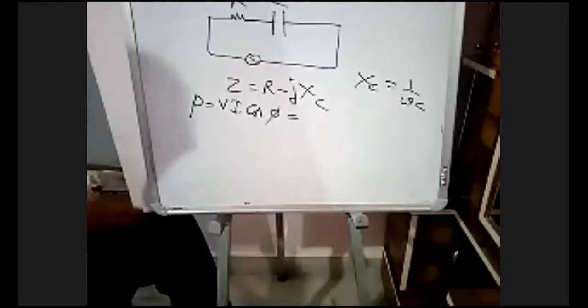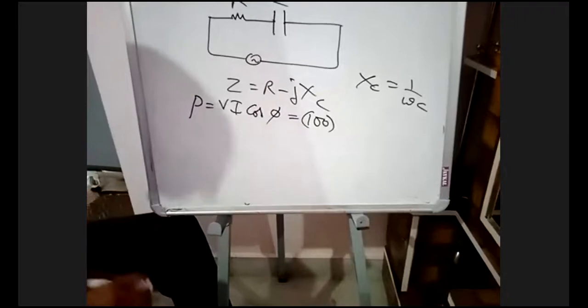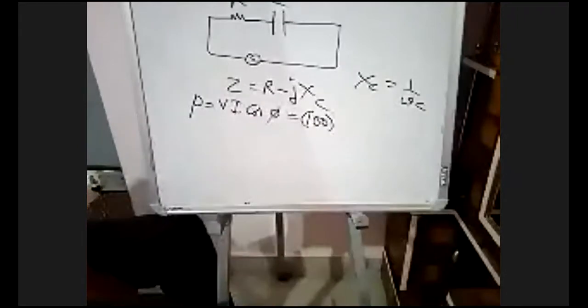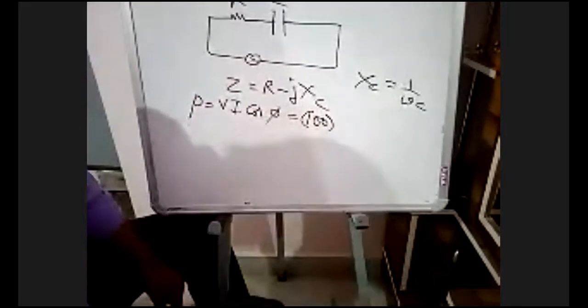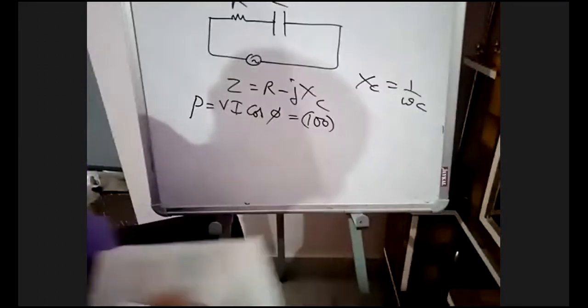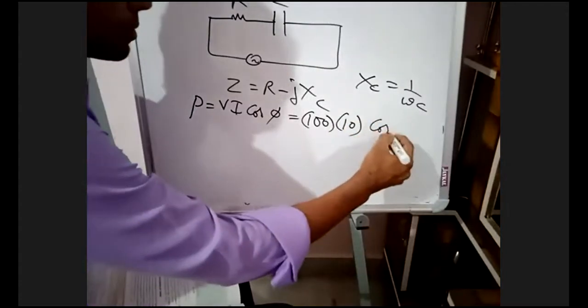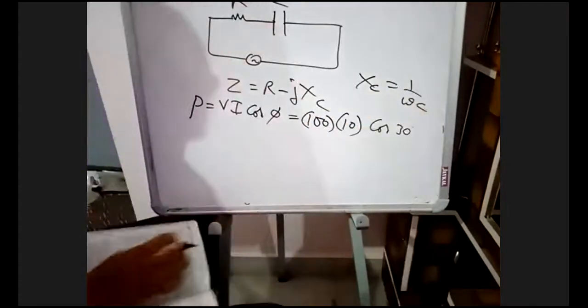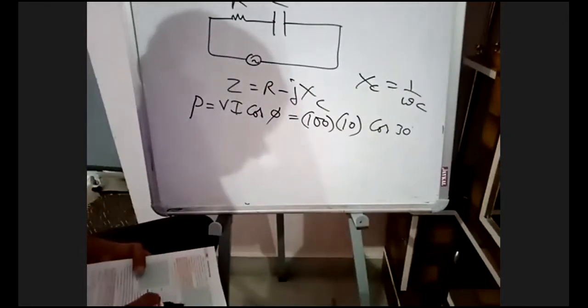What is the current given in the problem? 10 amperes. What is cos phi? Phi is 30. This is the active power.